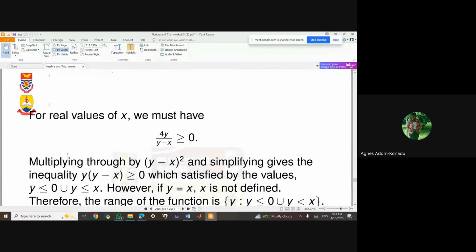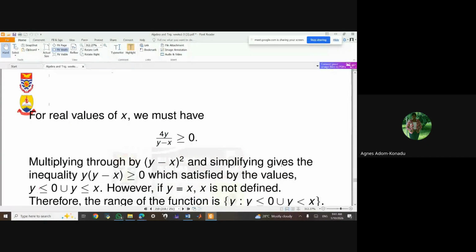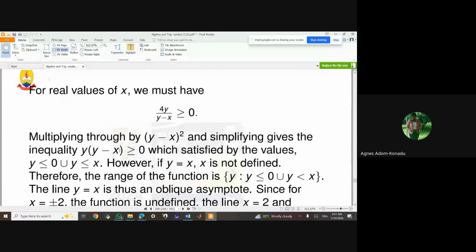Okay. So you have 4y that's greater than 0. So last time you saw that when you have something like this, you have to multiply it through by the square of this function. Multiplying through by y minus x squared and simplifying gives the inequality y times y minus 4 that's greater than 0, which satisfy the value. So we find the solution. Here we have y.